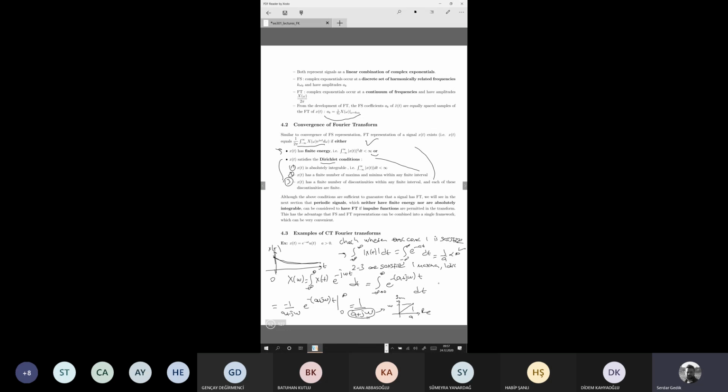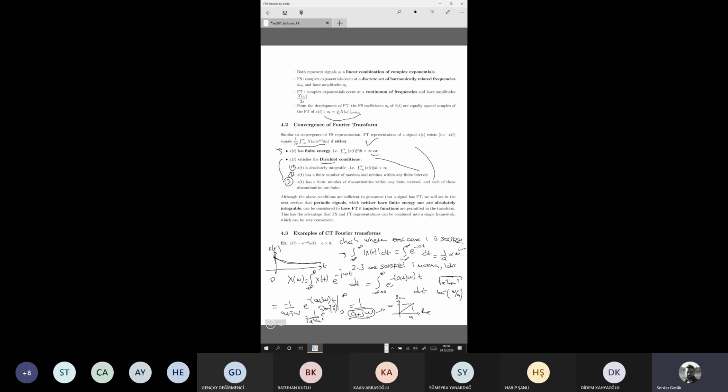The norm is, of course, the square root of a squared plus omega squared. And the angle is tangent inverse of omega over a. So 1 over a plus j omega is equal to 1 over the square root of a squared plus omega squared, times e to the power minus j tangent inverse of omega over a.